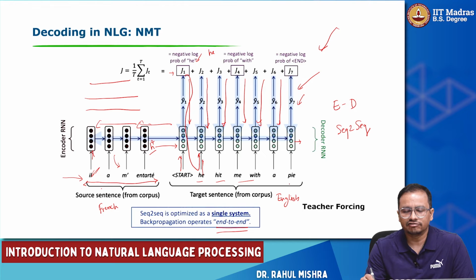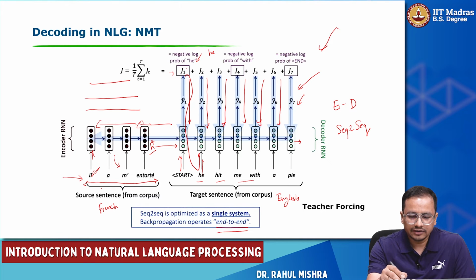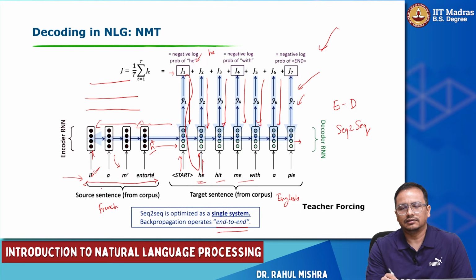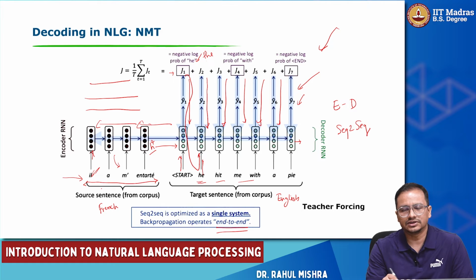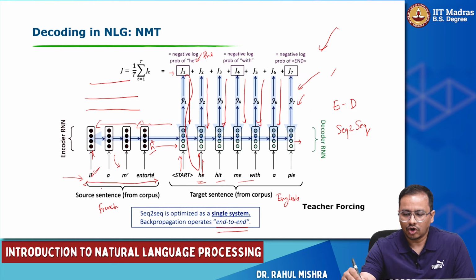We are not sending the generated word here, but we are feeding already known labels from the corpus itself. So let's say rather than generating "he", it generated, for example, "the". We are not feeding "the" here, but we are feeding "he", which is the original true word that should have been generated. So this setup is called teacher forcing.